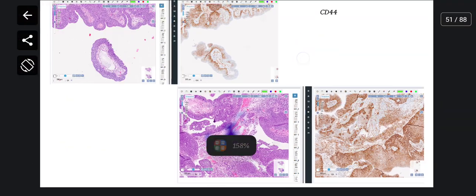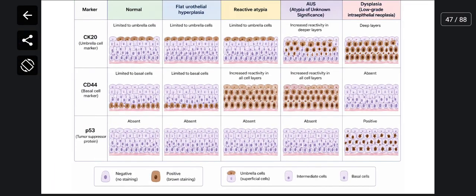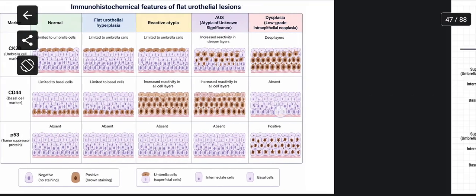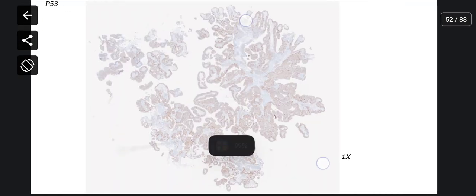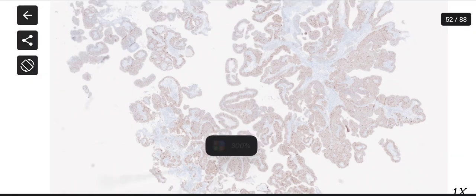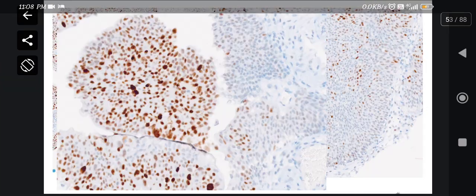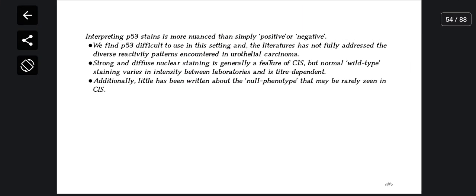It could be either reactive atypia or AUS. TP53 is strange in this case. Some of the cells have overexpression, and some of them had loss. So that was a difficulty in this case.